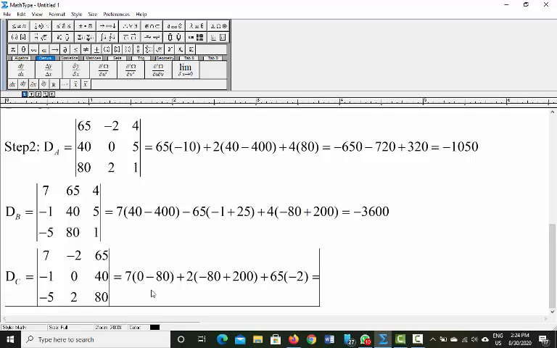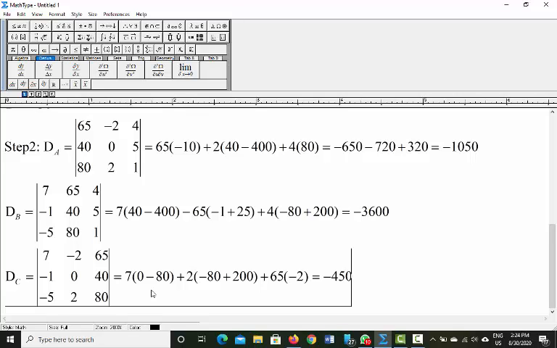So what we will get here? Minus 80 multiplied by 7 plus 2 multiplied by 120 plus 65 multiplied by minus 2, we will get minus 450.